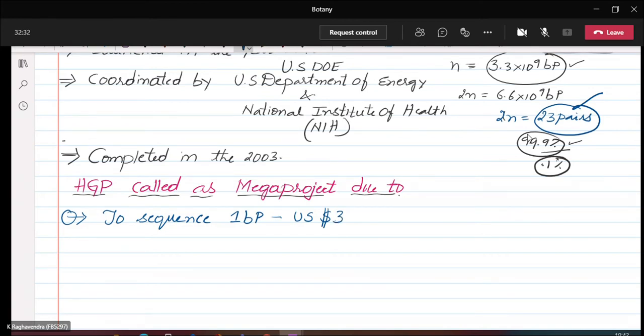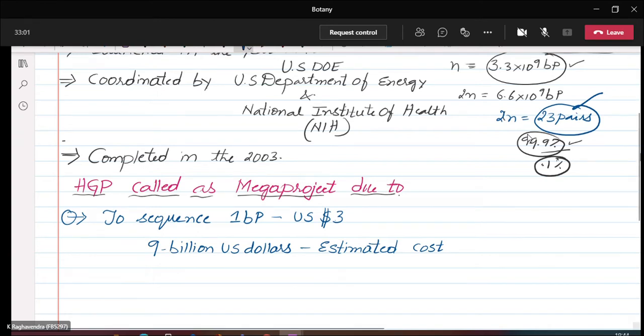Proportionately, the total estimated cost to sequence the total base pairs present here is going to be $9 billion. This is the estimated cost actually. That is the reason this is called a mega project.